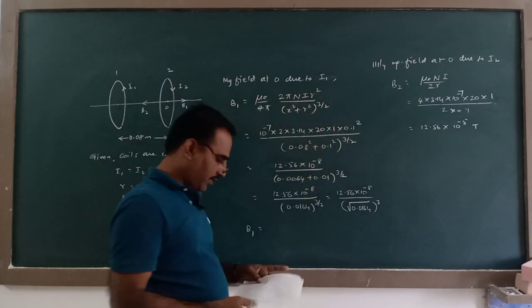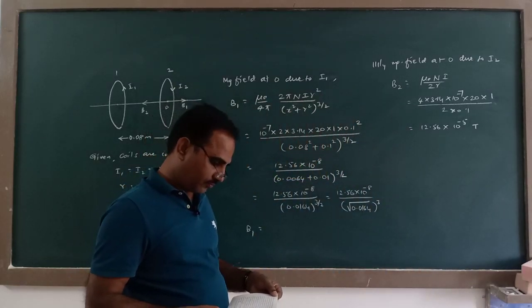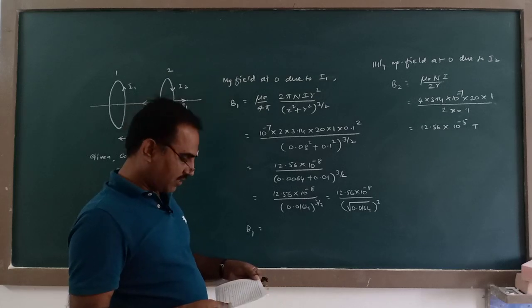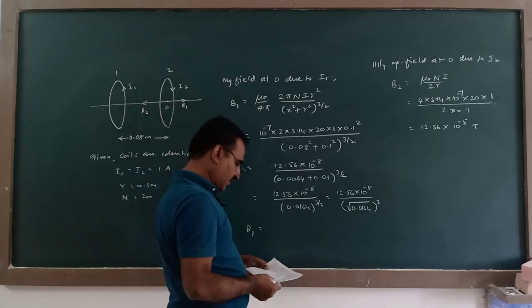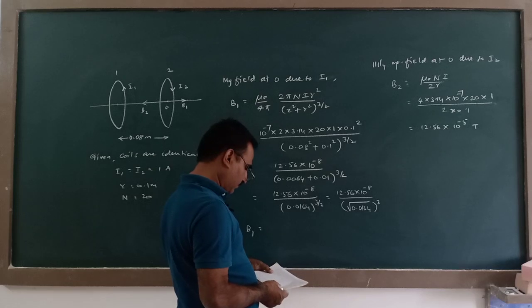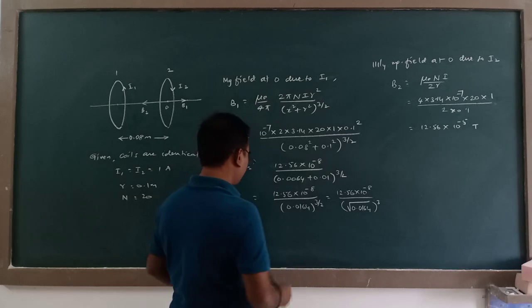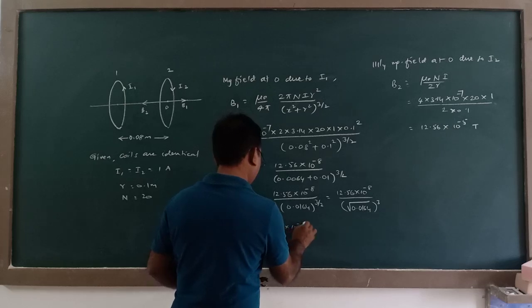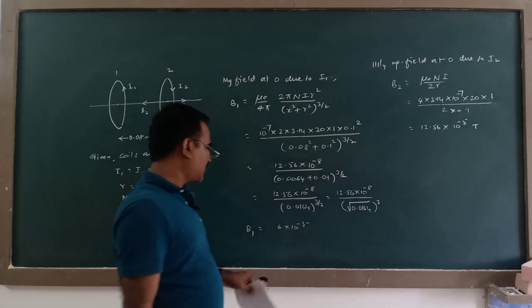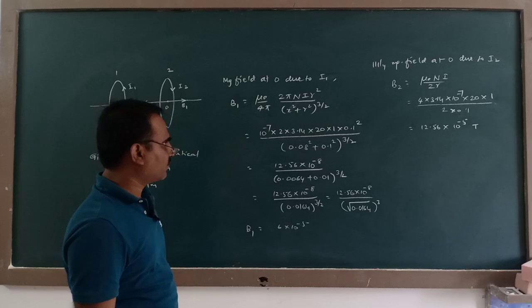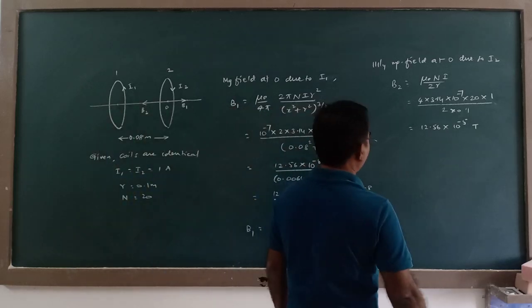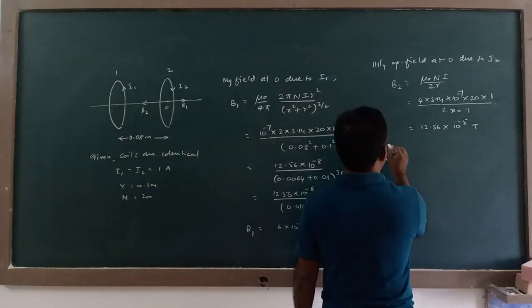If you do this calculation, you will get 6.6 in 10 to the power of minus 5 Tesla nearly. Roughly you will get 6 in 10 to the power of minus 5 Tesla. This is 12.5 in 10 to the power of minus 5 Tesla.